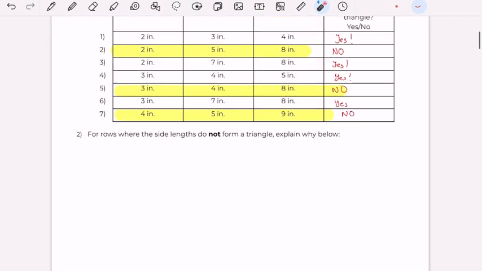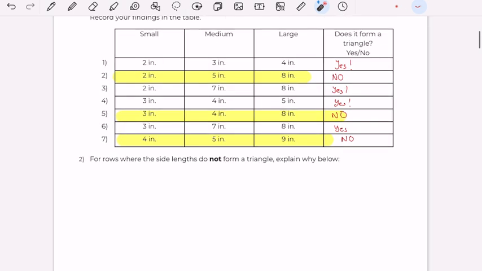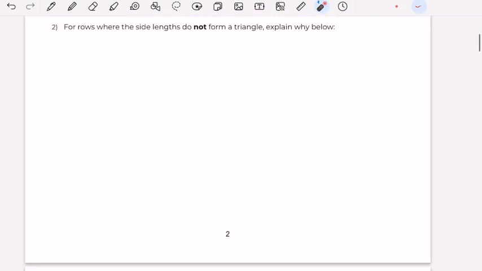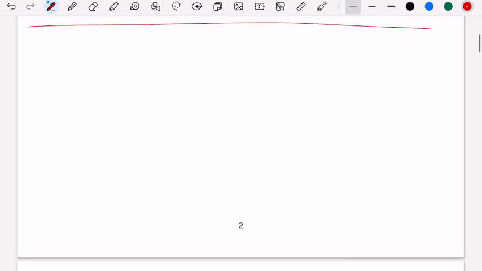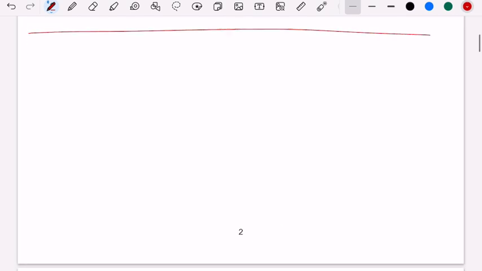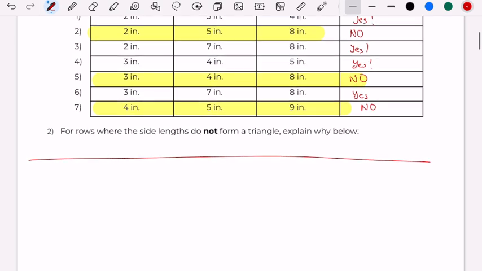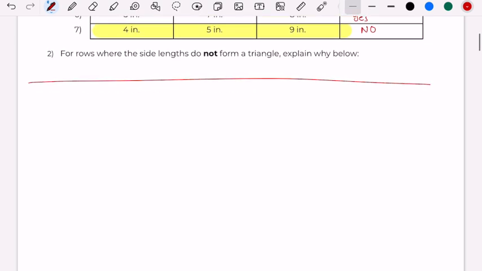So the important part of this is that if you add two sides, the addition is smaller than the third side. I want you to think of it like this. I'm just going to make this explanation. Imagine that for these quantities, 8, 2, and 5, I have a segment, the longest segment, that measures 8 units.